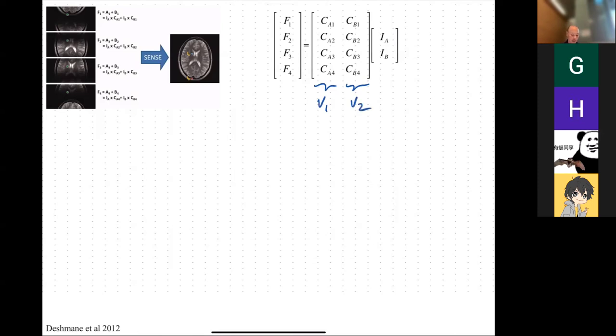And I'm saying that my measured data can be represented as v1 weighted by IA, plus a second vector weighted by IB. Let's call this vector f. So I've got some vector f, and I'm saying it's the sum of two things. And what I care about is I want to know these weighting coefficients.